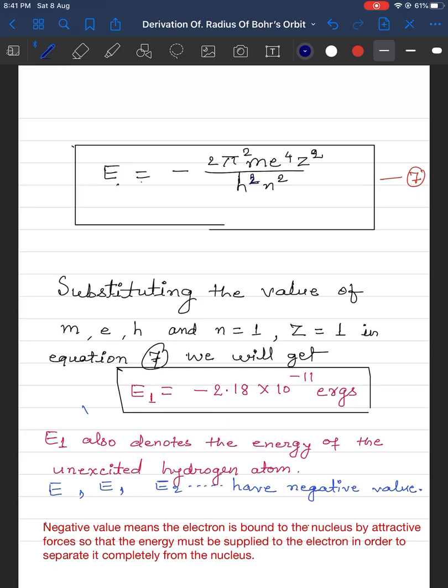As n increases, the absolute numerical value of the energy decreases, but on account of the negative sign, the actual energy will increase. This means that the outer orbits have greater energy than the inner ones, and the negative energies of the electron in the orbit appear to be strange, but can be explained as follows.